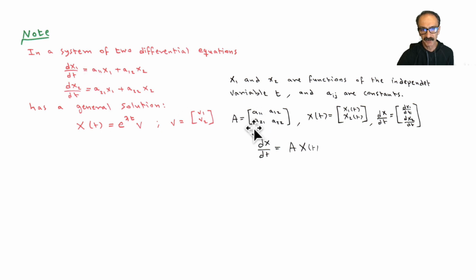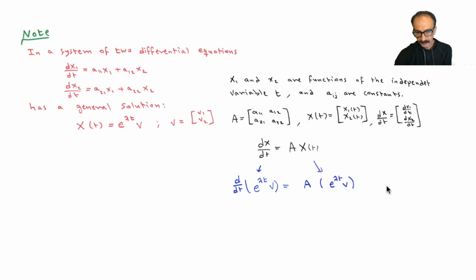So this system could be looked at as earlier this way. This is a coefficient matrix, that's a variable matrix, that's a differential matrix, and this whole thing could be written as dx/dt equals A times x.